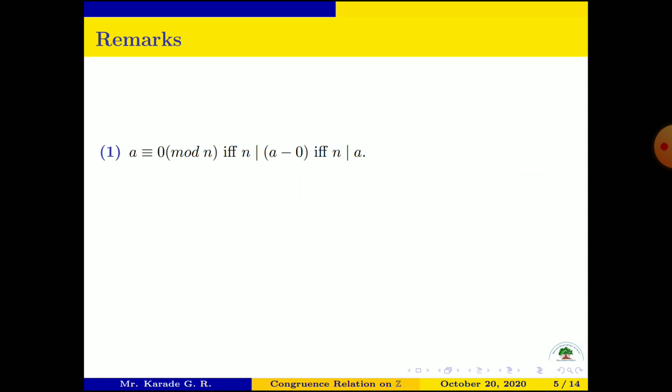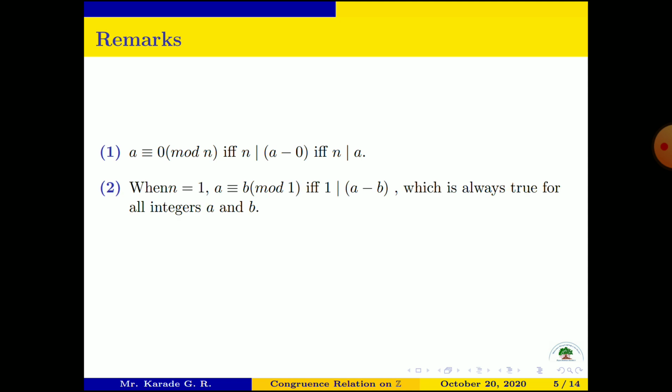Very simple examples. Okay. Now the second remark is when n is equal to 1, A is congruent to B mod 1 if and only if 1 divides A minus B, and which is always true for all integers A and B. Therefore, for any two integers A and B, we can say that A is congruent to B mod 1.